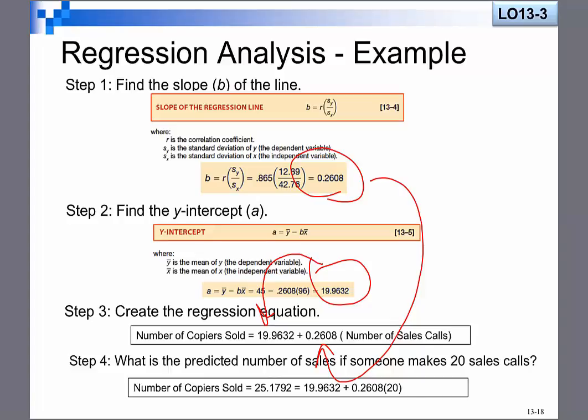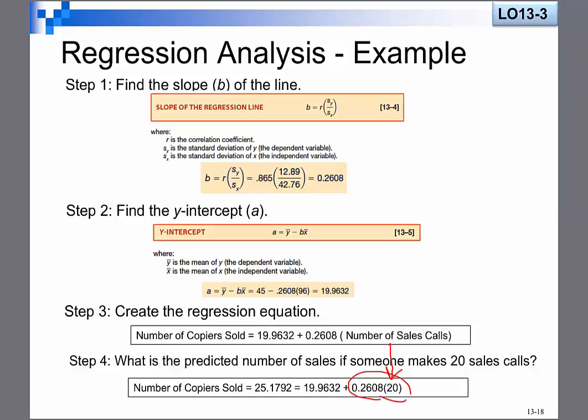Step 4, the predicted number of sales: if someone makes 20 sales calls, then the number of sales calls is replaced by 20, and then you just do some math. If we take 20 times 0.26, we'll get a number. If we add that number to 19.96, we will get 25.1792, which represents how many copiers are going to be sold if there are 20 sales calls made.